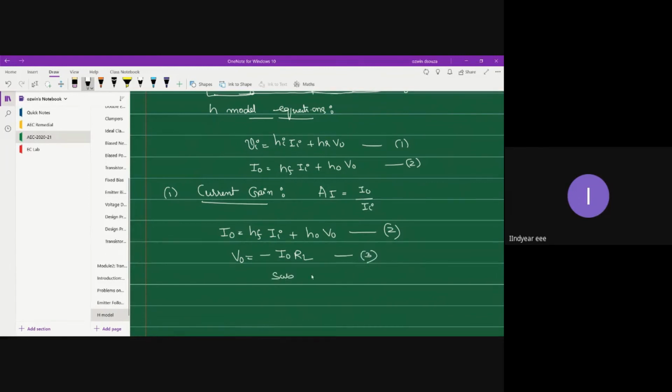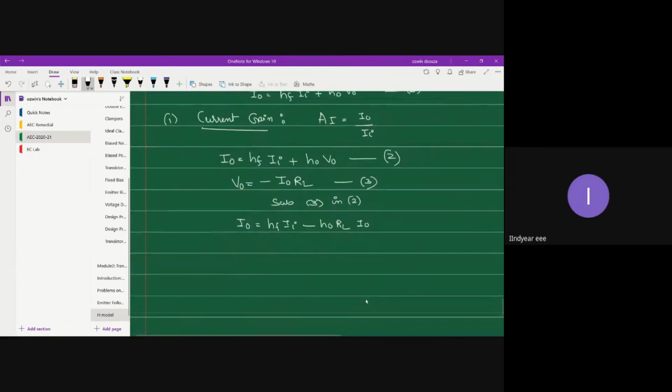Then substitute 3 in 2. So you would get I naught is equal to HF Ii minus H naught into RL into I naught. Now you can group the like terms together. You bring all I naught onto the left hand side. So you have I naught plus I naught into H naught into RL, which is equal to HF into Ii.